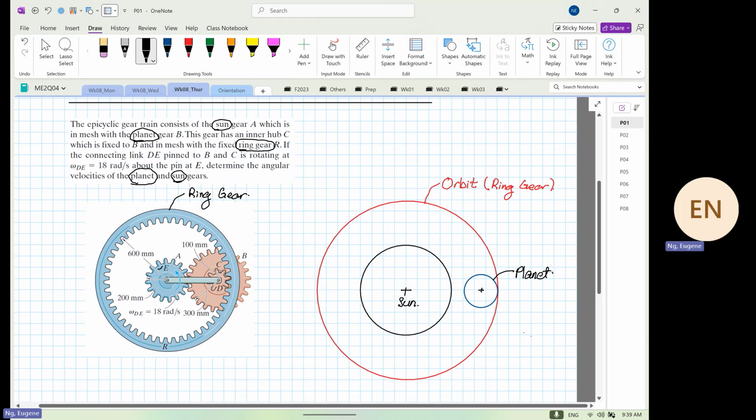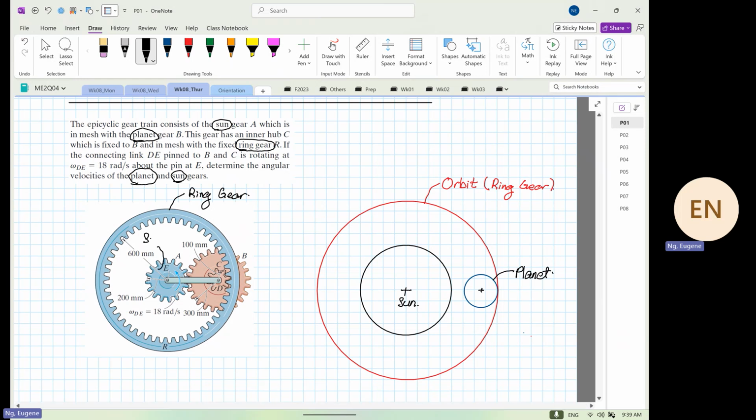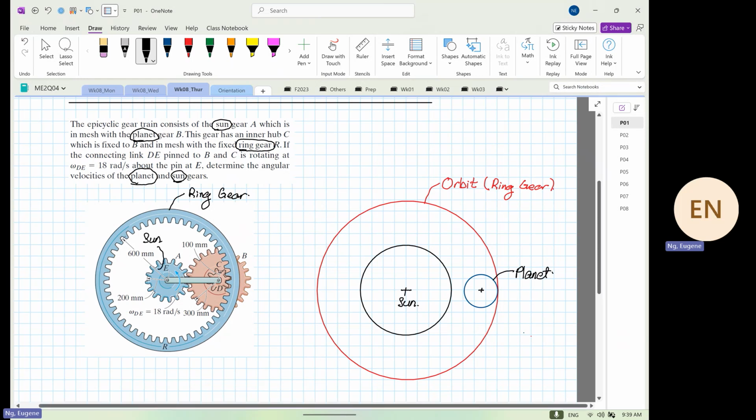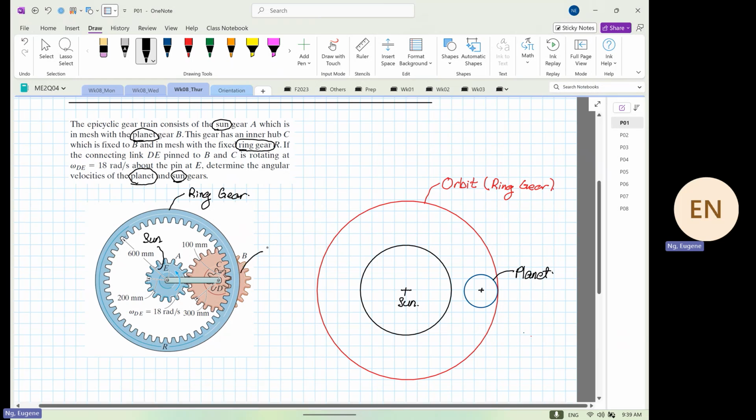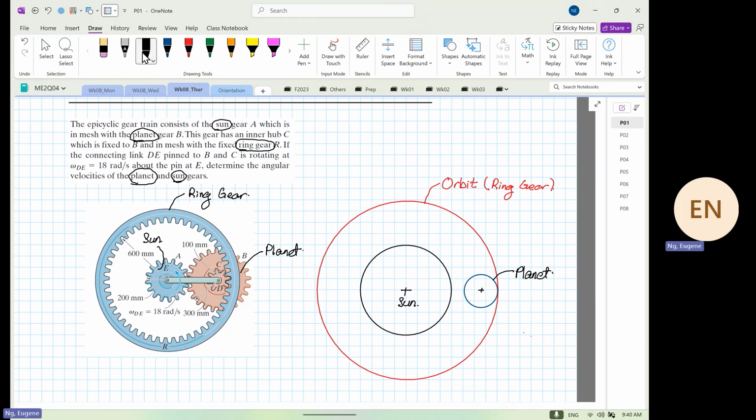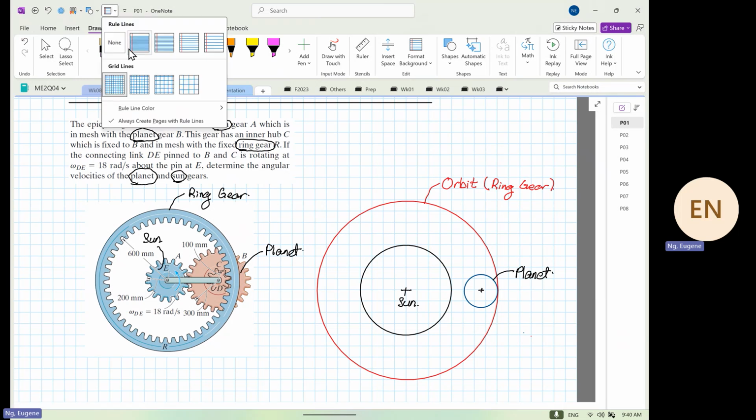So this is what we call our sun gear. As long as it is at the center, we classify it as the sun gear, and the thing that's rotating around, that is our planet. Are we clear? Okay, so this is the definition, and we're going to solve this problem over here.